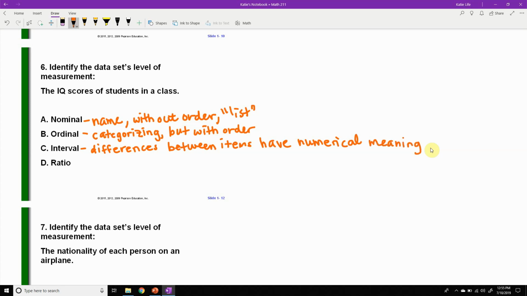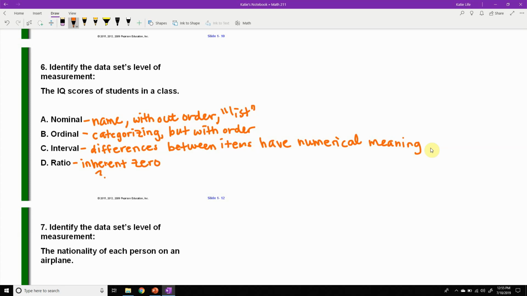And if we take that one step further and introduce what we call an inherent zero, we're at the ratio level. I don't know if I spelled inherent zero correctly. That means the zero there literally means nothing, right?